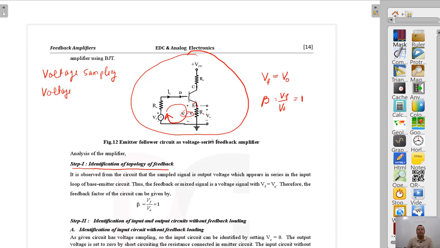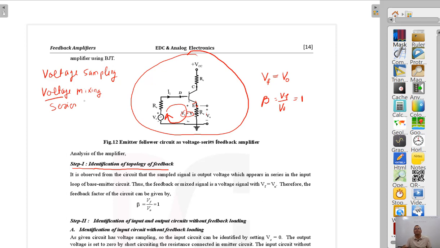Why? Because that feedback voltage is appearing in series with the input voltage. And voltage mixing on the input side is known as series mixing. Fine. So this is voltage series.